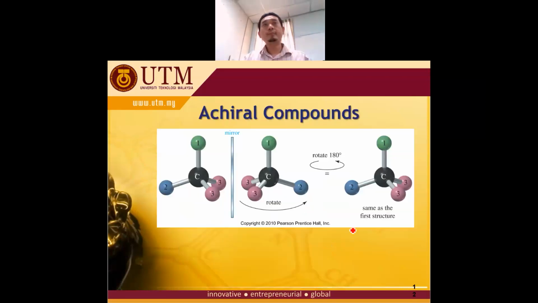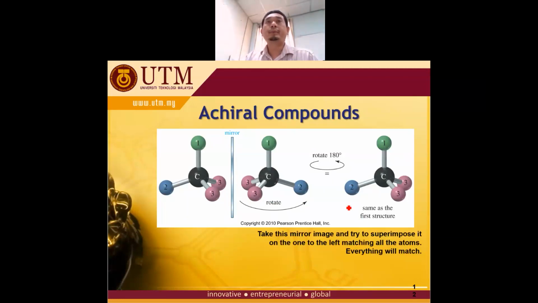But for an achiral compound, it can be superimposed. Why? If you look at this model, group number 3 is the same, the same group attached. So if you hold group 1 and rotate this side by 180 degrees, you get the same as the first structure.